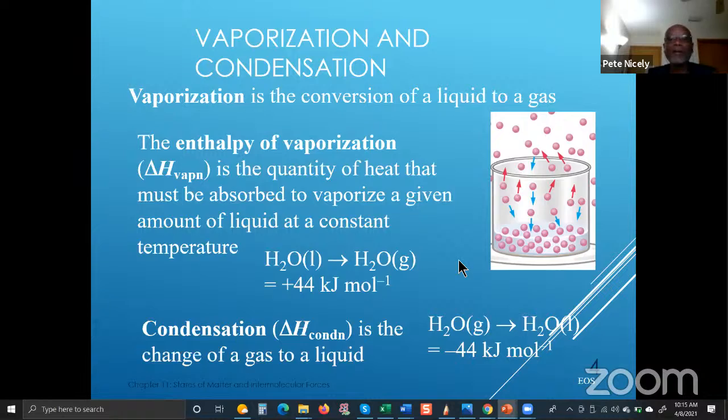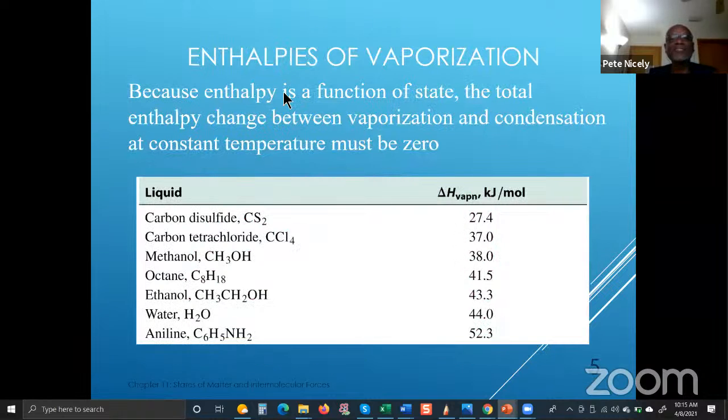Now, because enthalpy is a state function, going from vaporization and then reversing the process by condensation, the total enthalpy change of that process must be equal to 0. If you go from the liquid to the gas and then back from the gas to the liquid, the total enthalpy change for that process would be 0.